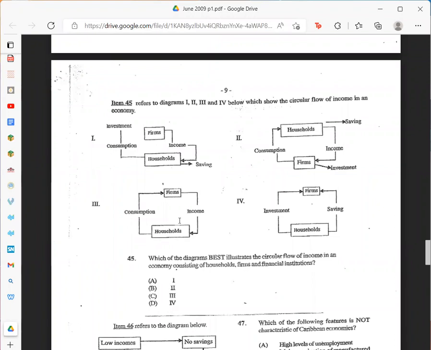Yes, but that does not include one with a financial institution.